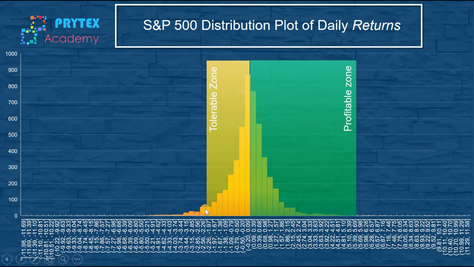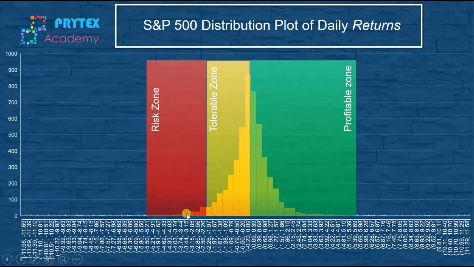The main factor that creates havoc, or depreciates your portfolio's value significantly, comes from the left tail return data, that is, the extreme negative returns occurring on the left tail part of the distribution. This is the extreme risk zone, and we have marked it in red.